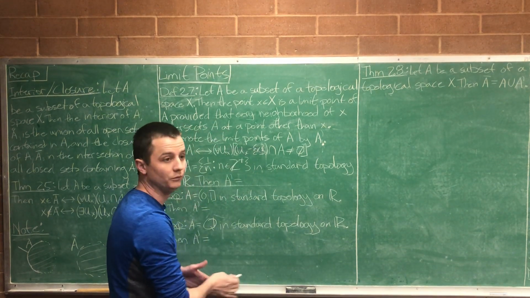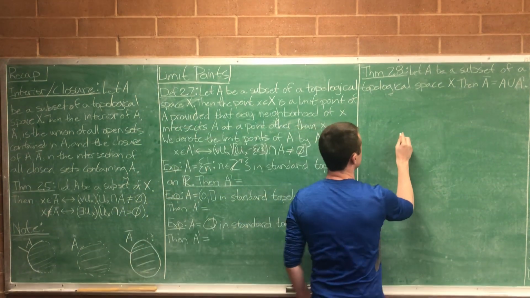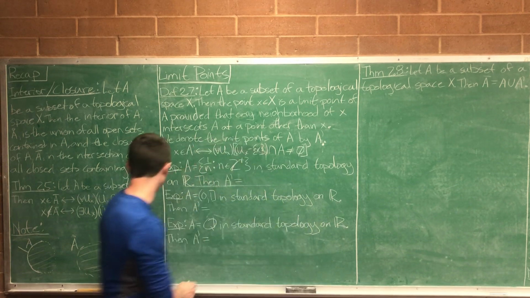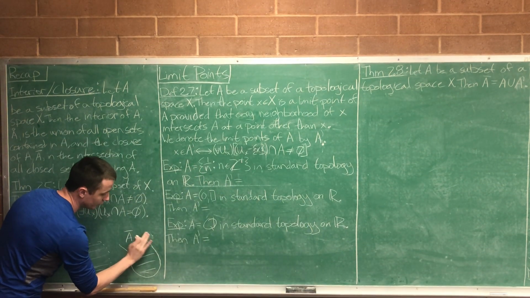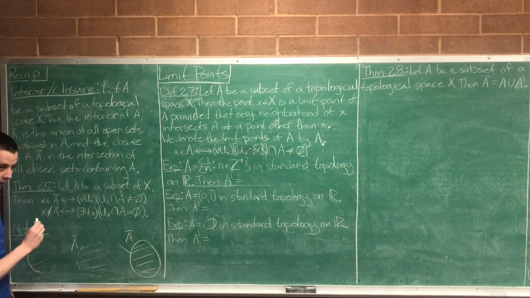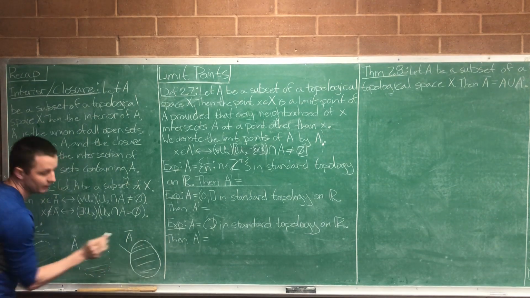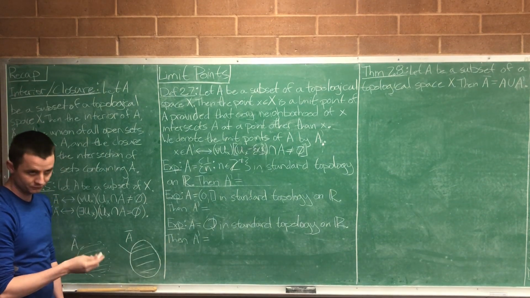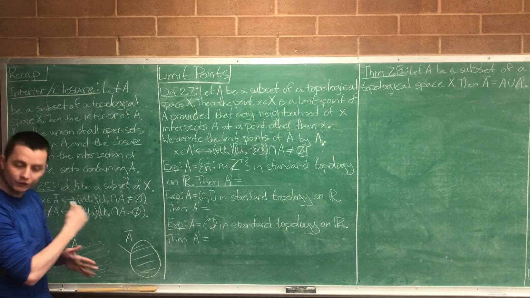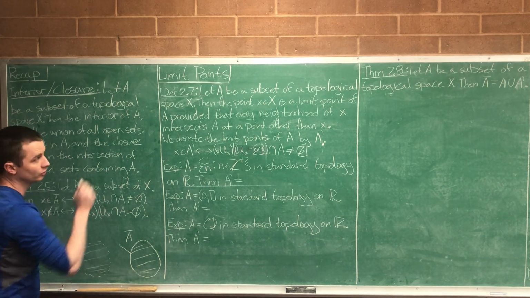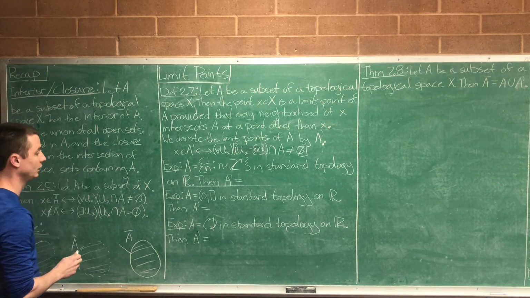this in R2. So in R2, looking at this exact same picture, there's no reason for you to know this yet, but it turns out that the limit points are going to be the exact same as the closure in R2. That's not true in all topological spaces. This is just to help give you intuition for what this definition is saying.